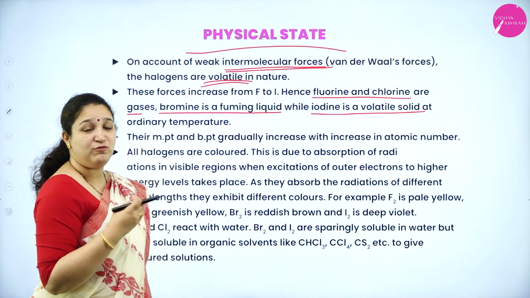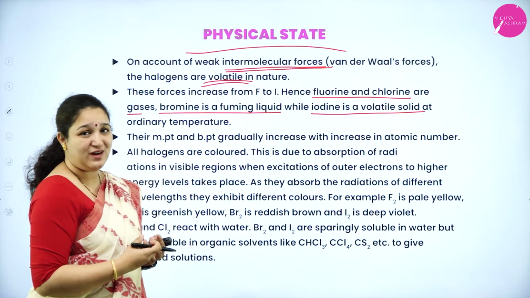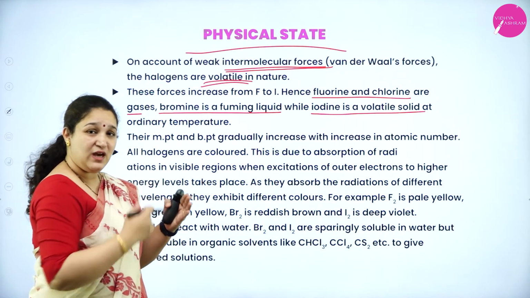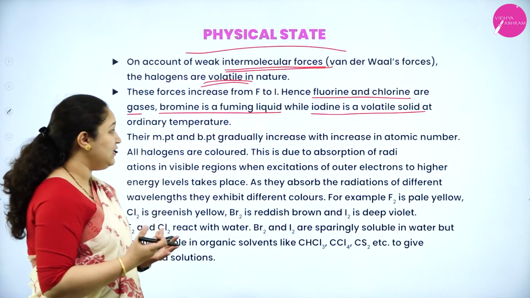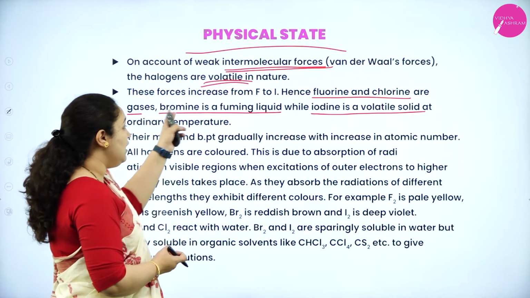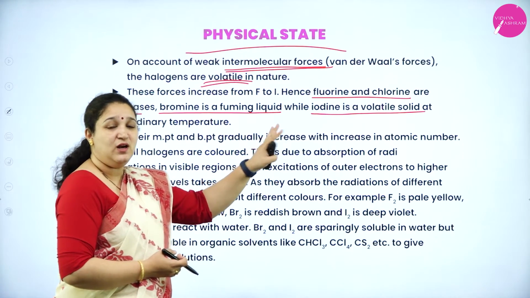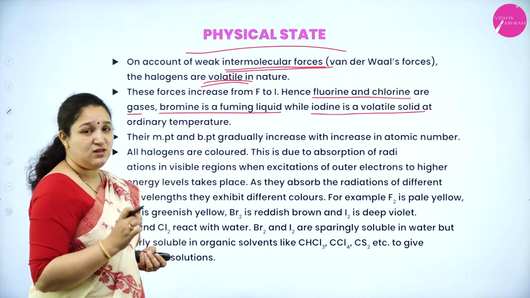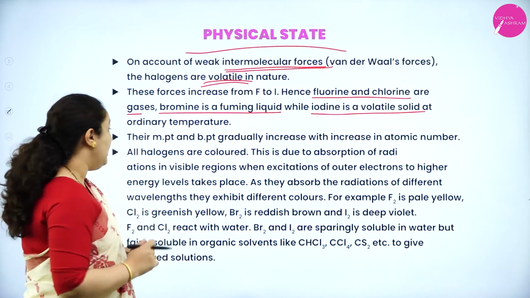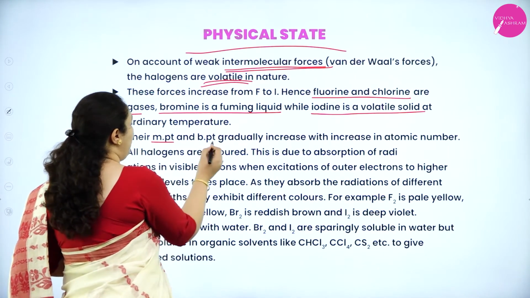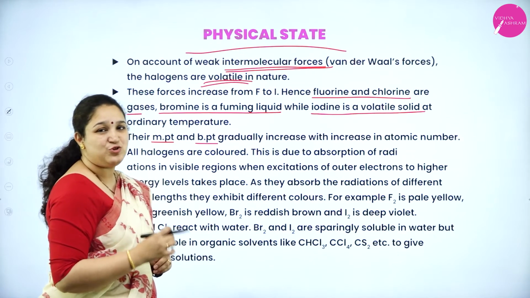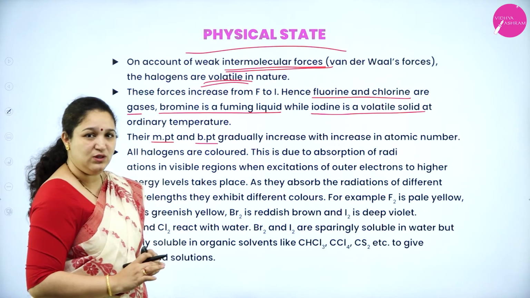That is because the van der Waals force of interaction is less, but as we come down the group, it goes on increasing. That's why the first two are gases. Bromine is a fuming liquid, whereas iodine is a volatile solid at room temperature. Now, what about their melting point and boiling point? That gradually increases as we come down the group.